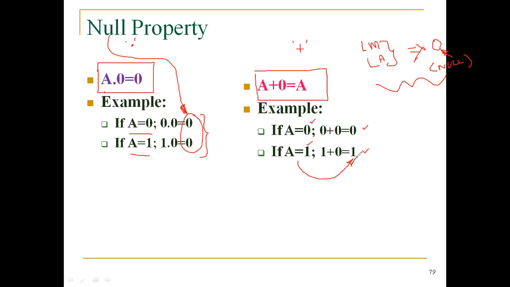But in the previous case, the dot operator, the variable is not reflected. In this property, the plus operator, whatever variable we assume, that reflects in the result. So whatever the assumption in a or the variable you assumed, the same thing is reflected in the result. That's all, the null property.